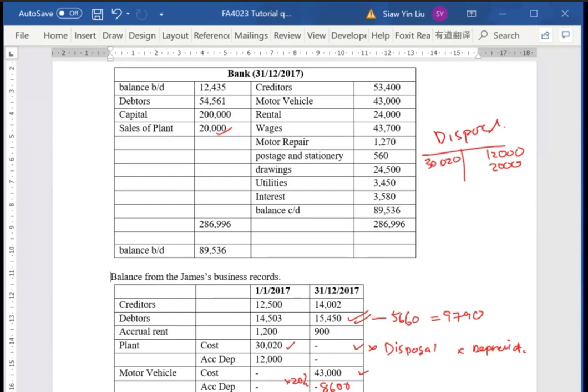Gain, right? Here you got 32,000. Here you should have 32,000 as well. So you make a gain of 1,980. So later when you prepare your income statement, you should have a gain on disposal 1,980. You guys follow? Okay, gain on disposal 1,980.